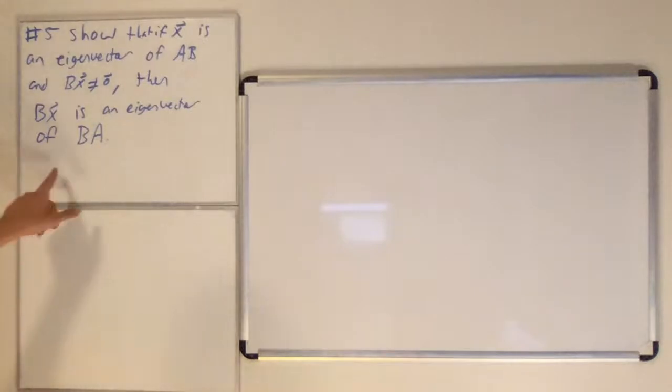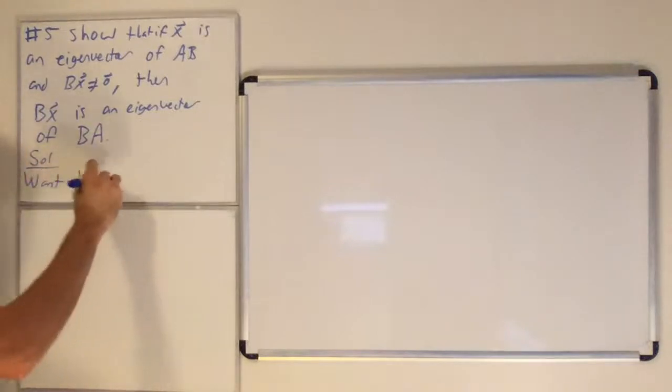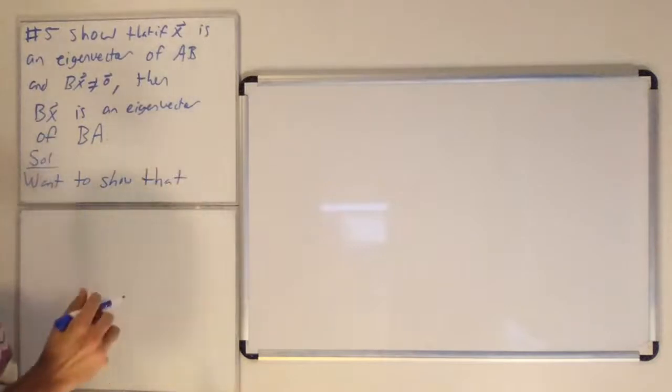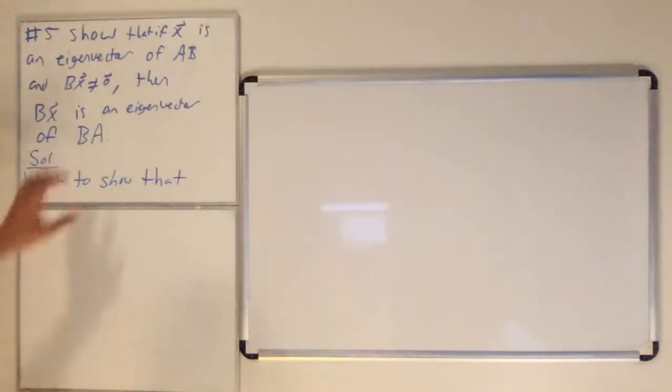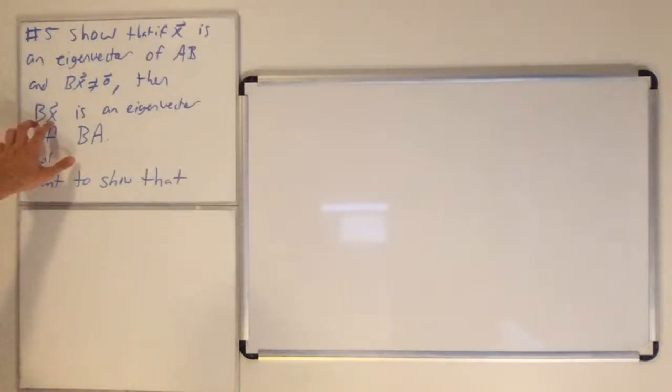Okay, so basically what we want to show, all right, B times x is just a vector. So what we want to show is if we take this vector here and multiply it by BA, then we get some scalar multiple of Bx.